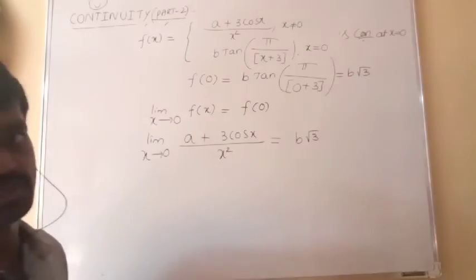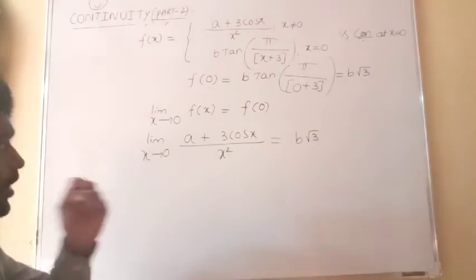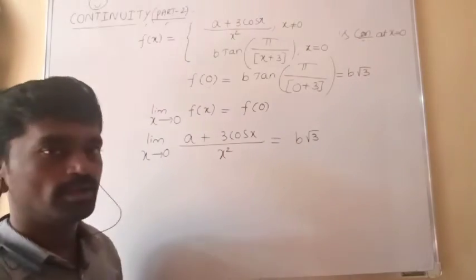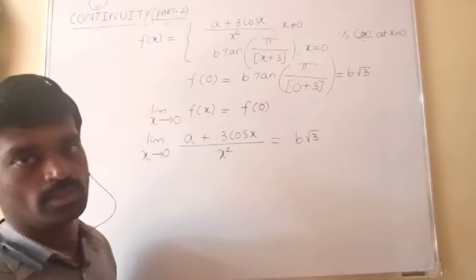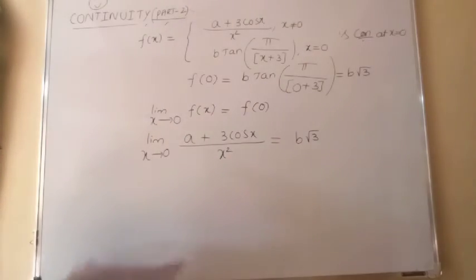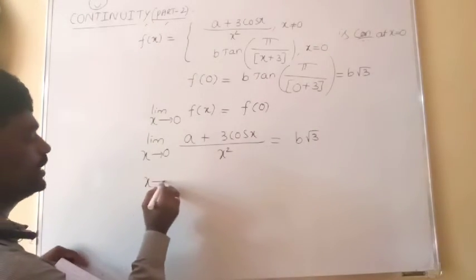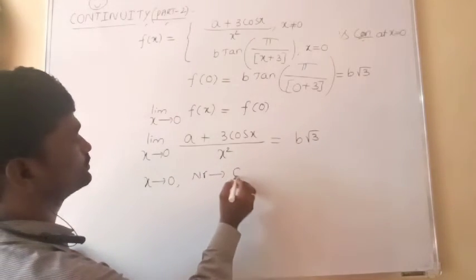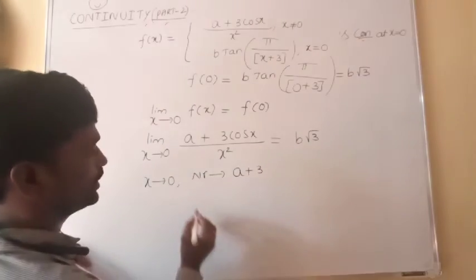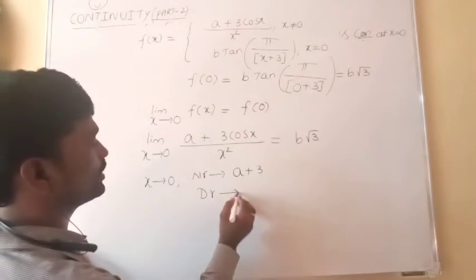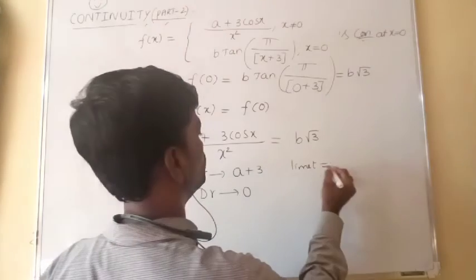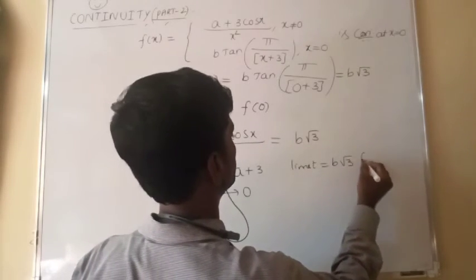Here if you apply the limit, numerator tends to a plus 3, denominator tends to 0. But the limit of the function is given as b root 3, finite.